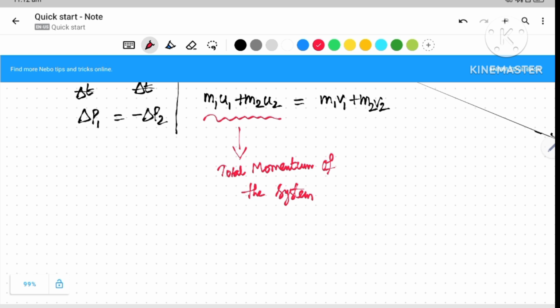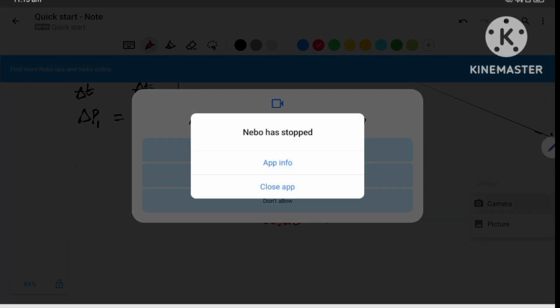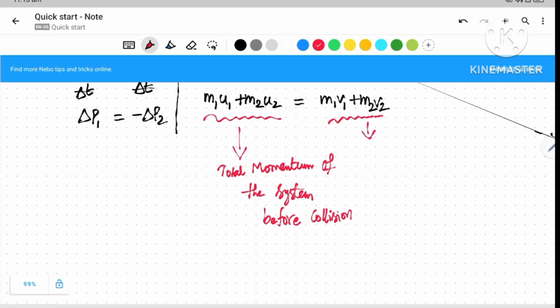Why am I calling this a system? Because I am considering both the bodies. So the total momentum of the system before collision or interaction is equal to, what does the term in the RHS tell us? The total momentum of the system.